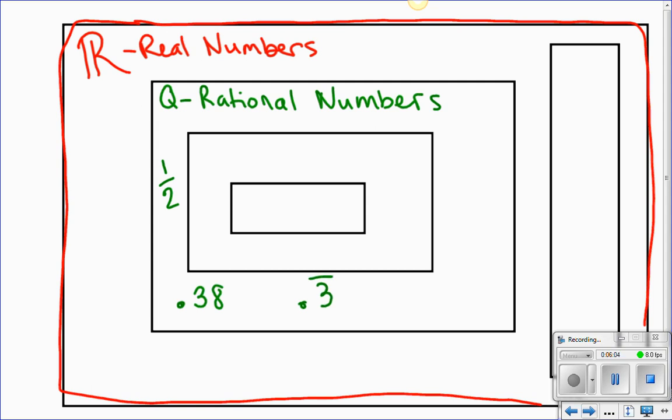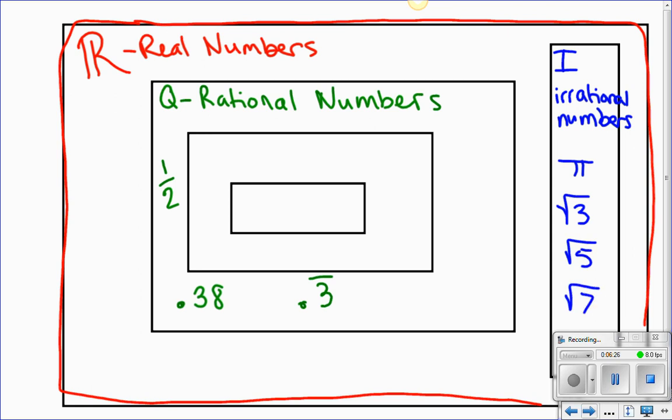And then we have irrational numbers. So they are non-repeating decimals that do not end. Then we have, what do we have?